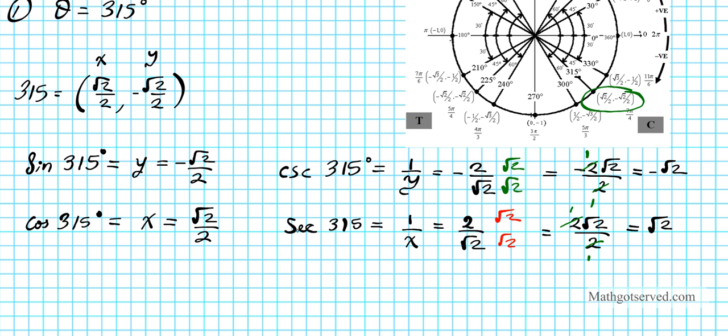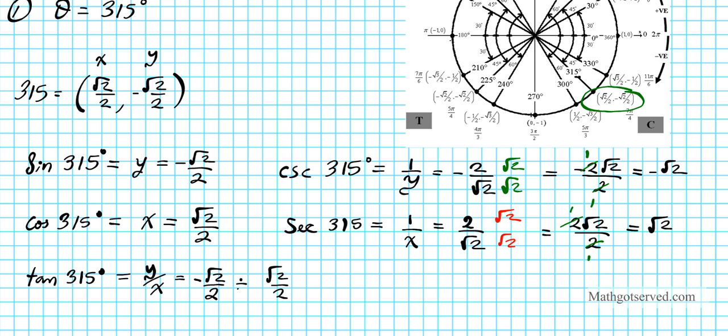Next we need tan 315. Tan is y over x on your unit circle ratios, so we're going to just divide these two coordinates. We'll have y, which is negative root 2 over 2, divided by x, which is root 2 over 2.